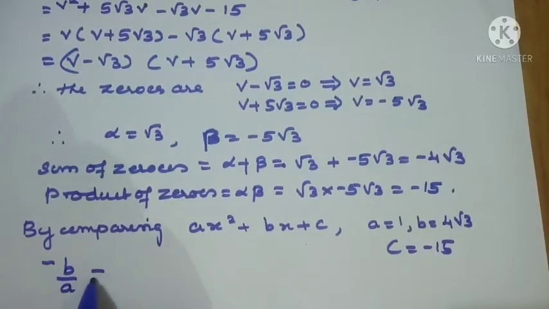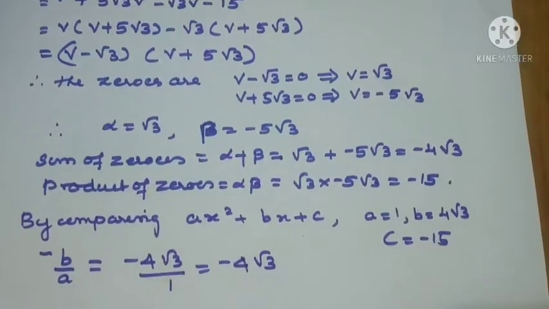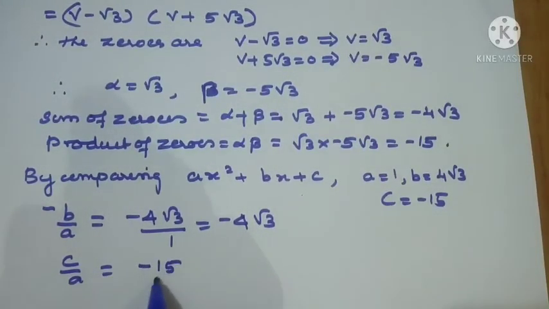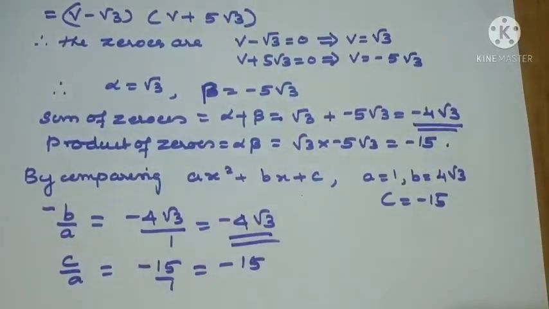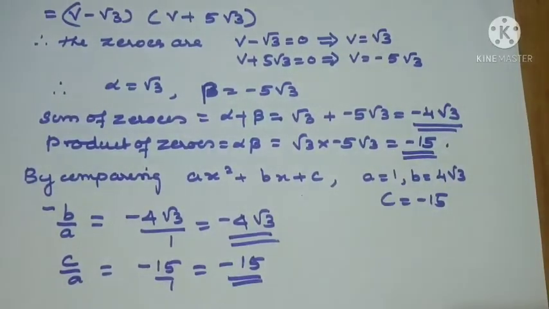Minus b by a, minus 4 root 3 by 1. Next, what is c by a? Minus 15 by 1. So check the answer. Both are minus 4 root 3, and the product, if you check, is minus 15.